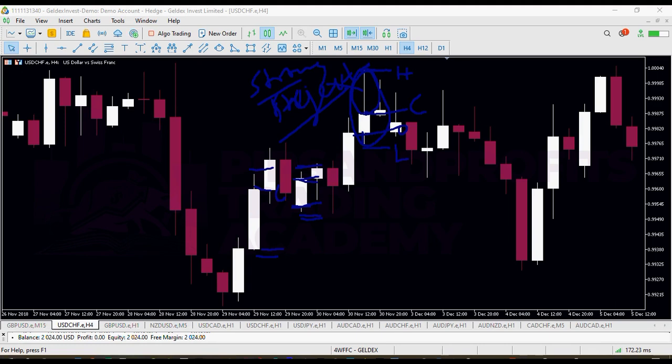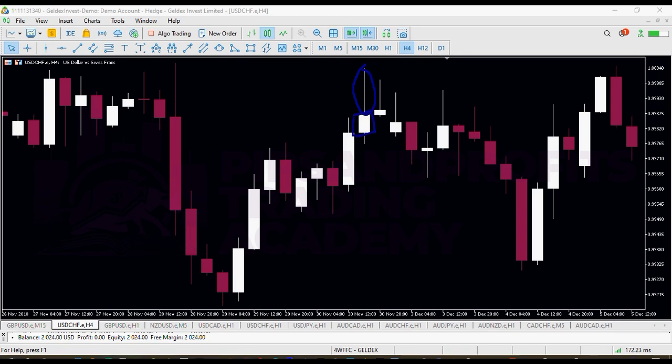So when you see a very strong rejection like that, it should tell you that the bears are strong now. You can see the upper wick is longer than the body.